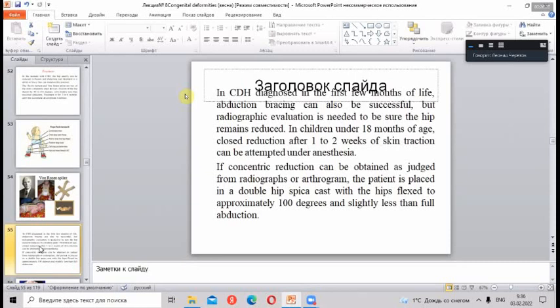If concentric reduction can be obtained as judged from radiographs or arthrogram, the patient is placed in a double hip spica cast with the hips flexed to approximately 100 degrees and slightly less than full abduction.